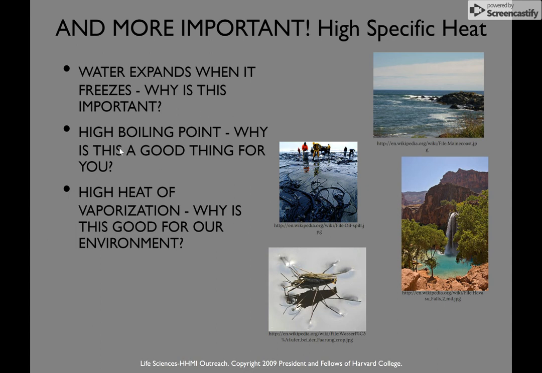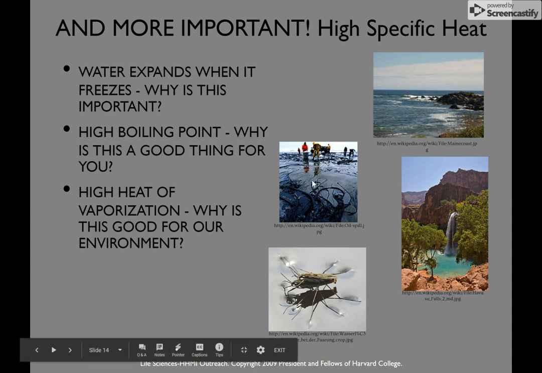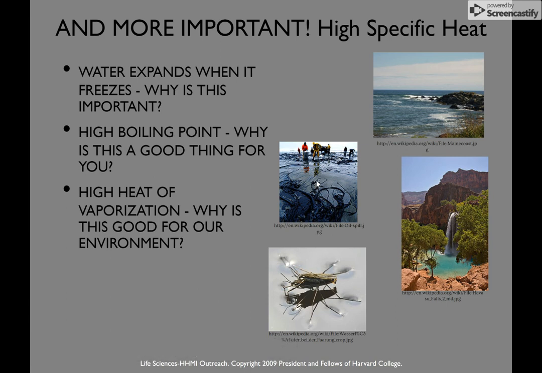But the thing about a high specific heat is it's good for living things. Because water doesn't like to change temperature, we can use water's property of high specific heat to do different things. Like we can use it as a source of cooling. It's how sweat works.